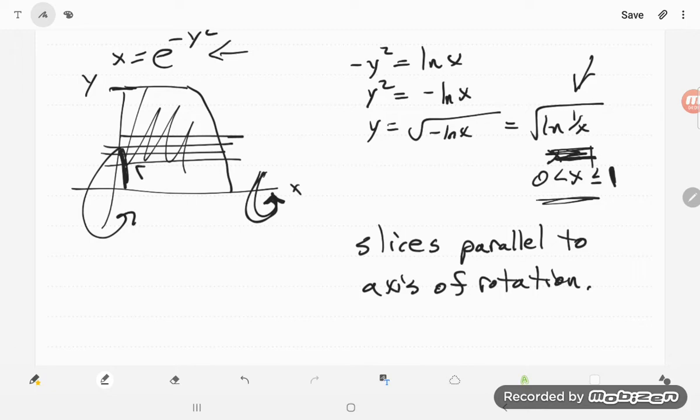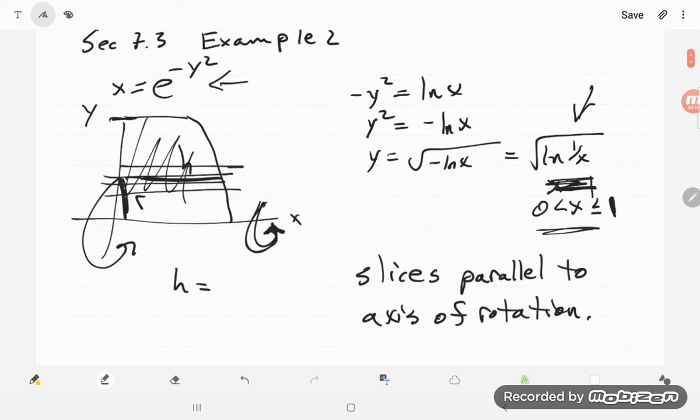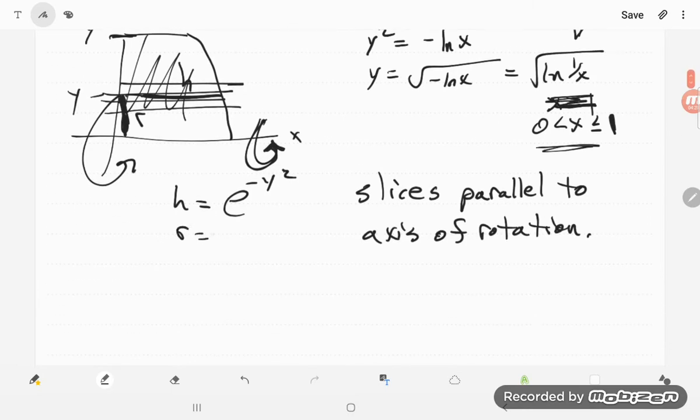Here is the radius, and there is the height. And so the height, right, we get that from our x value here of e to the negative y squared, and our radius is just our given value of y. So r is just y, and they're telling us to go from 0 to 1. And so that is our integral from 0 to 1.